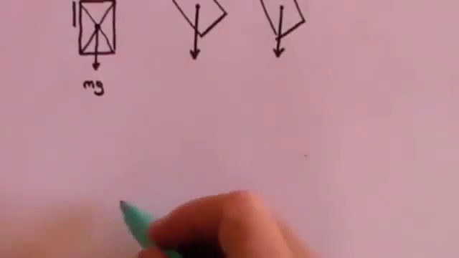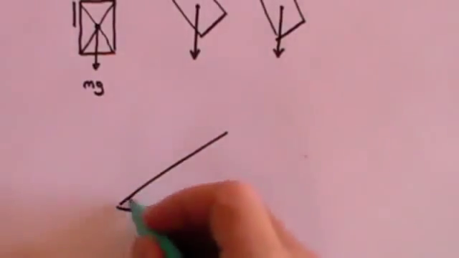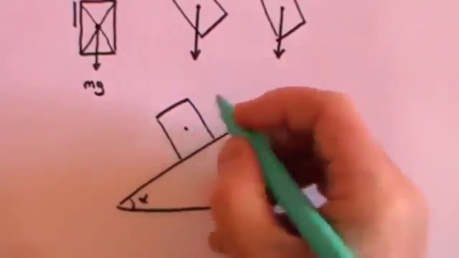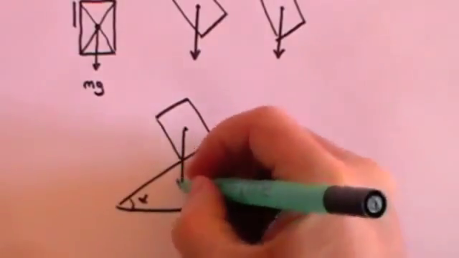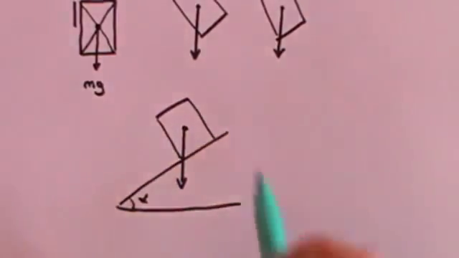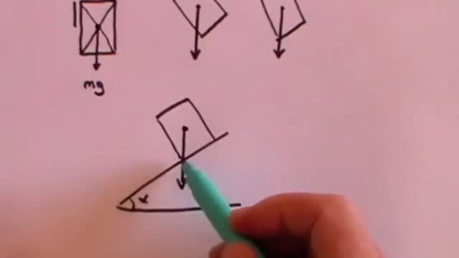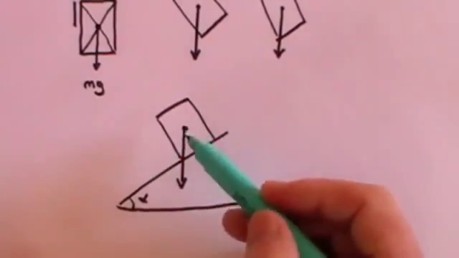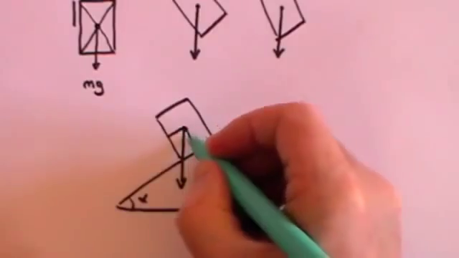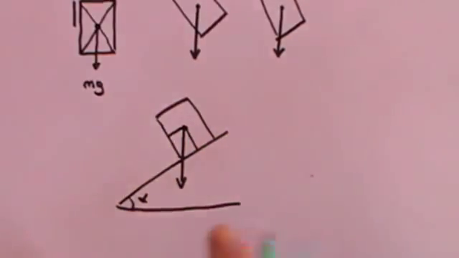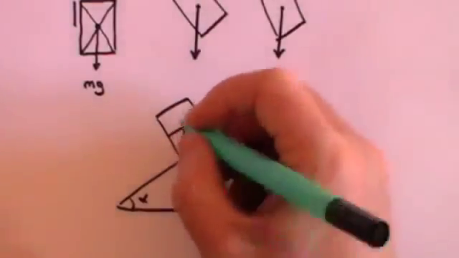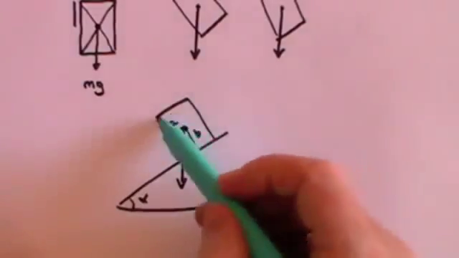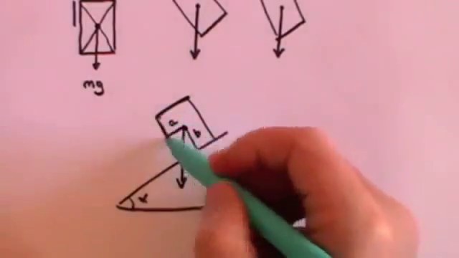So if we draw now our angle, there's alpha, there is our block, and I've drawn it so that it's just at the point where it will topple. It's just at the point at which the centre of gravity is over the corner. If you move that angle up any more, that block will topple. Then how can you calculate at what angle you need to be? Well, you'll need to know the values of these two sides here, which I'll call A and B. A is usually half the total, and B is usually half the total side here.